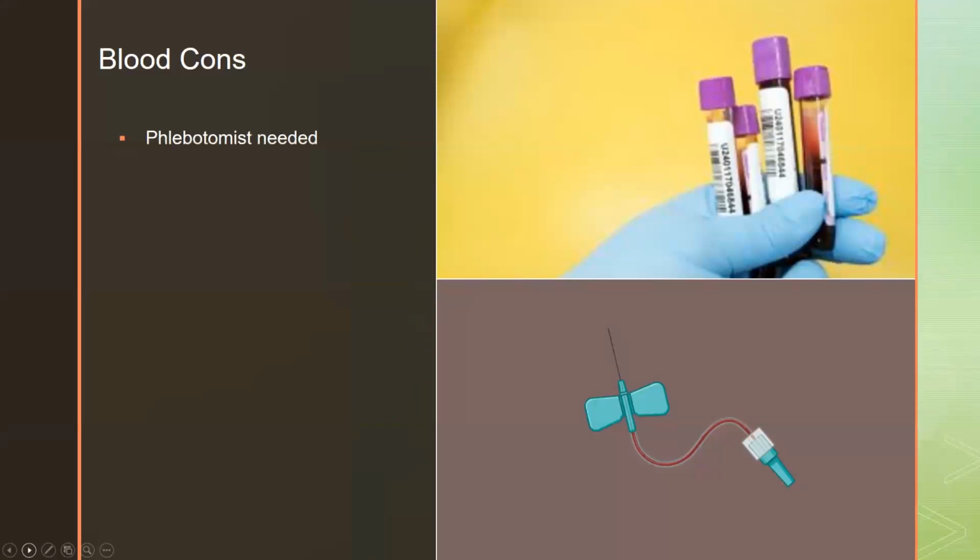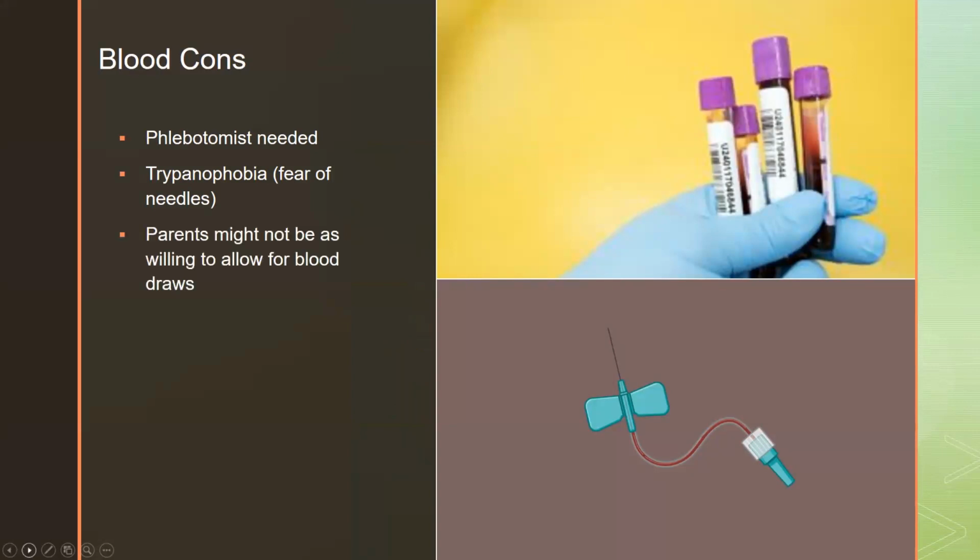So there are a lot of cons as well. Unfortunately, you're probably going to need a phlebotomist to do the blood draw. You have to worry about fear of needles, so that can affect the willingness of your participants to actually participate in these studies. Parents might not be as willing to allow blood draws in their children.